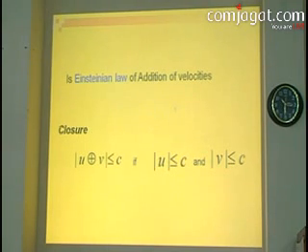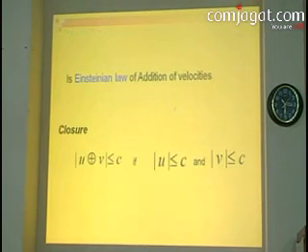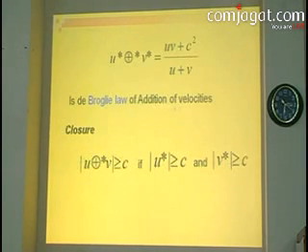The first one, this one, yes, is Einstein's law of addition of velocity. The other one is the reciprocal of Einstein's law of addition of velocity, and that satisfies the observation that the sum is greater than or equal to C if U star is greater than or equal to C or V star is greater than or equal to C.